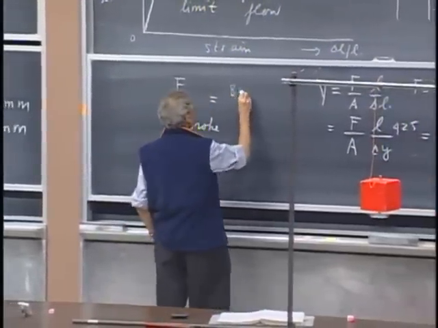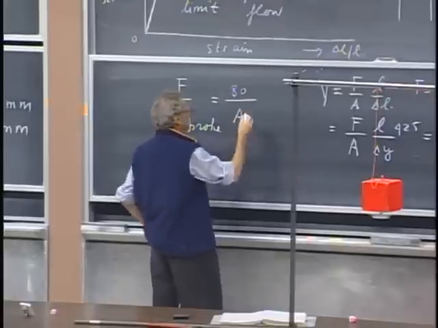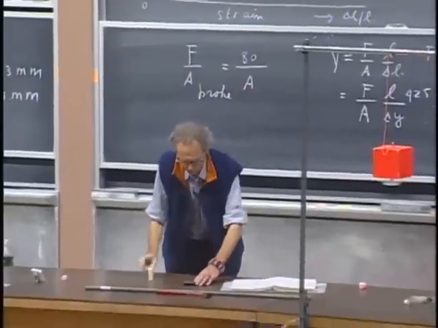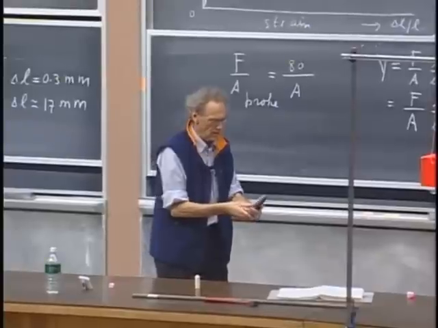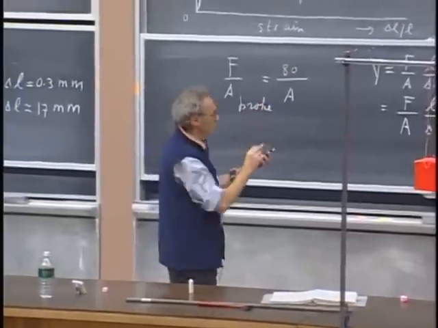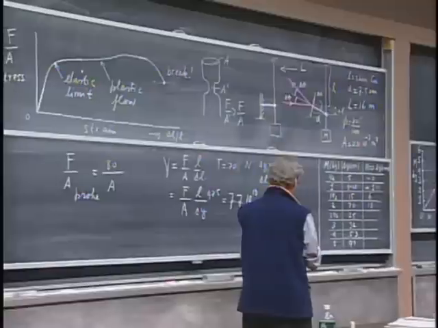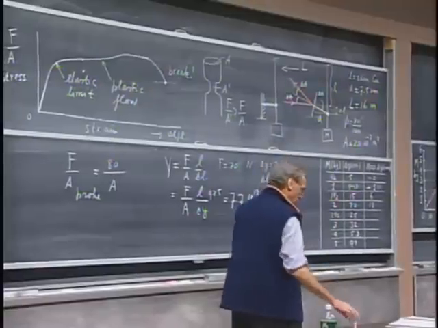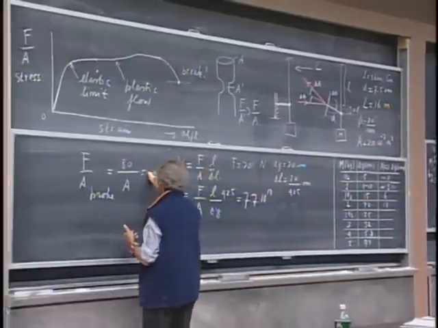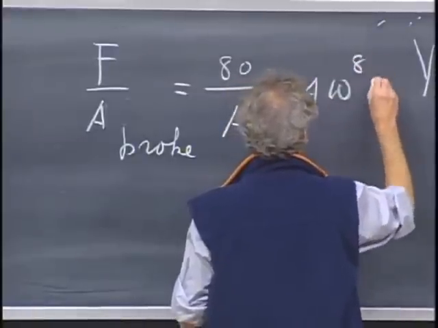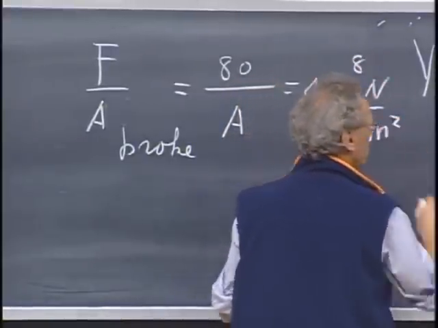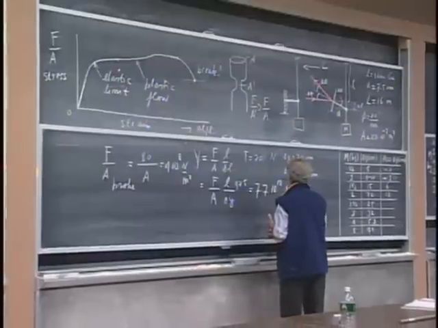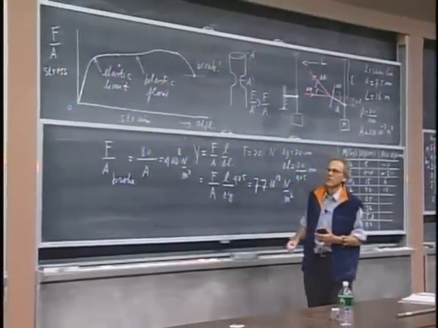So that would be 80 divided by the area that we know. And so that gives me 80 divided by 2 times 10 to the minus 7. And that is 4 times 10 to the 8th newtons per square meter. And this is also newtons per square meter.